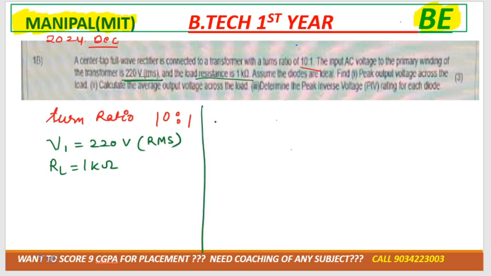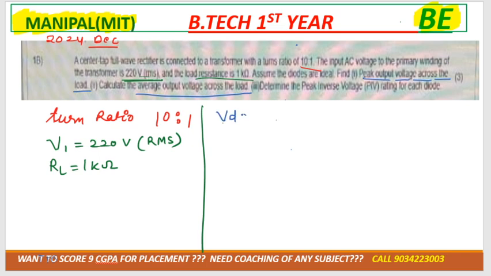Peak output voltage. Peak means maximum, right? तो आउटपुट है तो सेकेंडरी साइड पे होगा और आउटपुट है तो डीसी होगा, राइट? सो बेसिकली व्हाट वी नीड टू कैलकुलेट, पीक आउटपुट वोल्टेज अक्रॉस द लोड. ठीक है. Then we need to calculate average output voltage across the load.